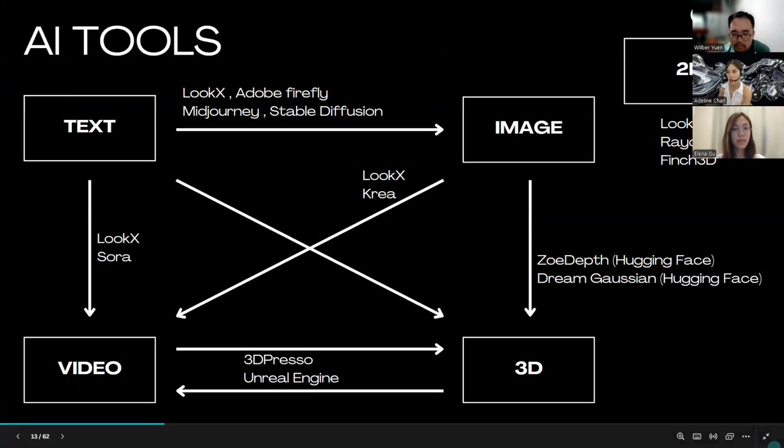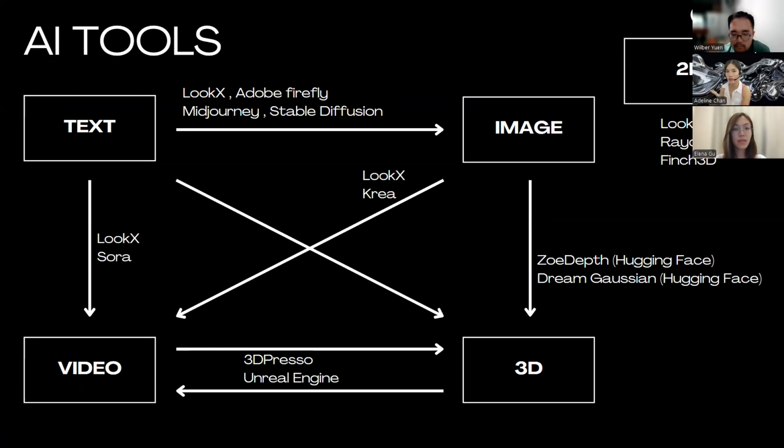Yes, so just to elaborate a little bit more on the text to image or text to text, etc., kind of groups of AI tools out there. Going from text to image, you have LookX, Adobe Firefly, Midjourney, and Stable Diffusion, of course. Going from text to video, you also have LookX, and then you have Sora. I'm sure most people have heard of Sora by now. It's the text to video feature from OpenAI.